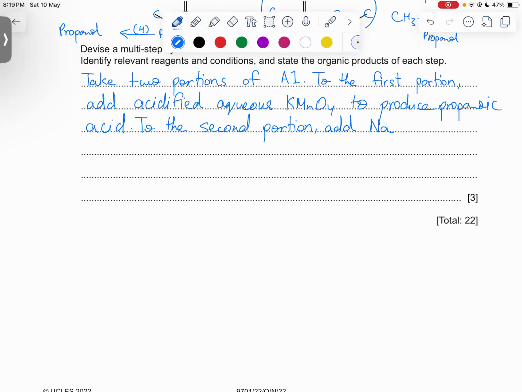No, LiAlH4. That is a better one. Lithium aluminum hydride LiAlH4, add lithium aluminum hydride and warm the mixture to produce propanol. Full stop.